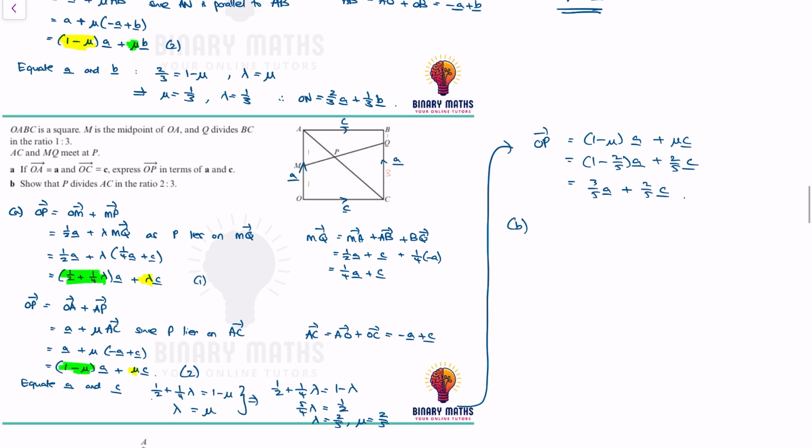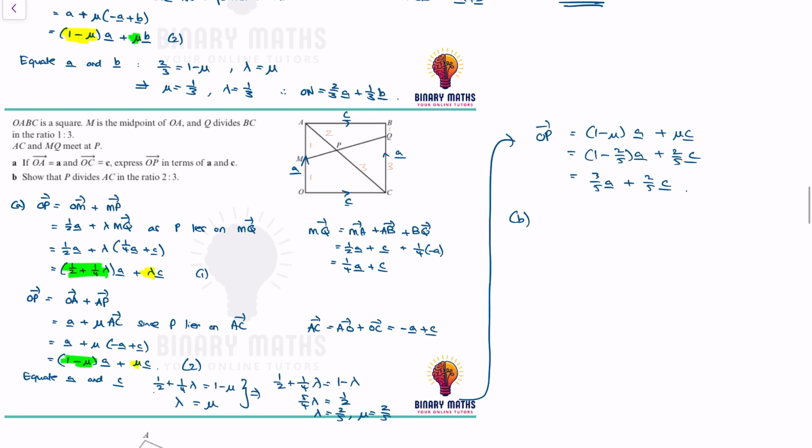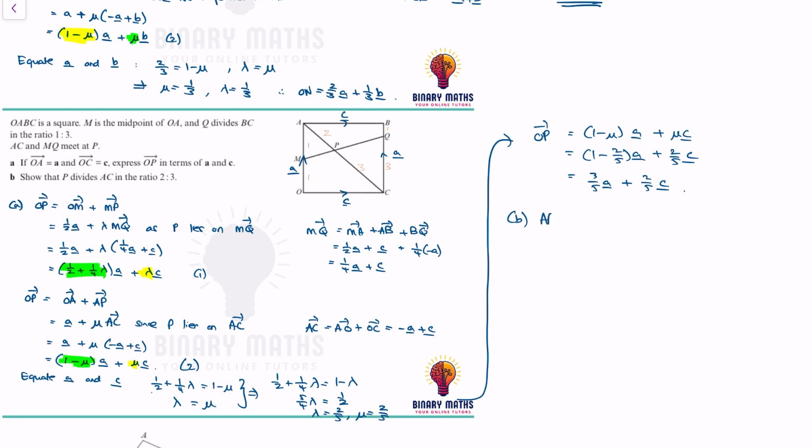Part B, show that P divides AC in the ratio 2 to 3. So I'm trying to work out, this is 2 and this is 3. So A to P, remember, is a scalar multiple, which is mu times A to C, which was mu times minus A plus C, and mu we just worked out was 2 over 5.